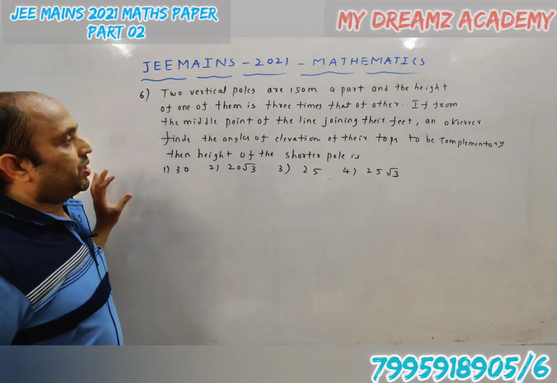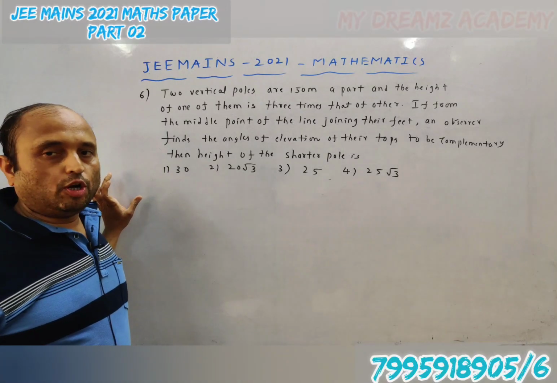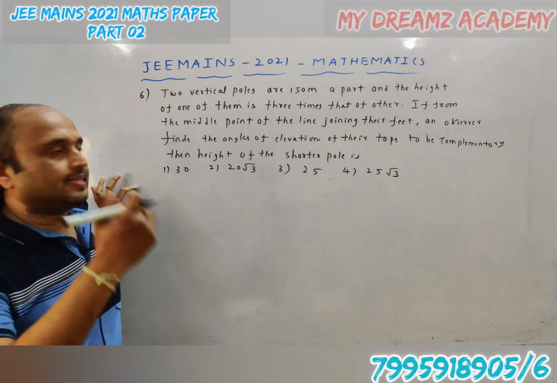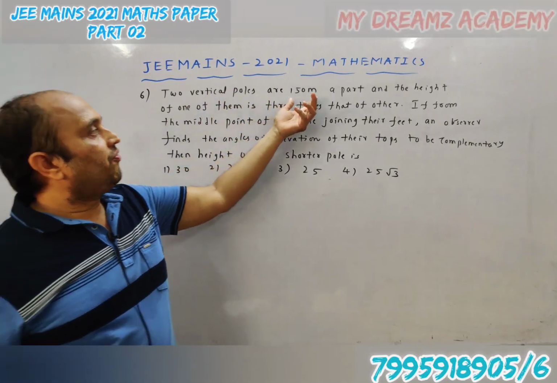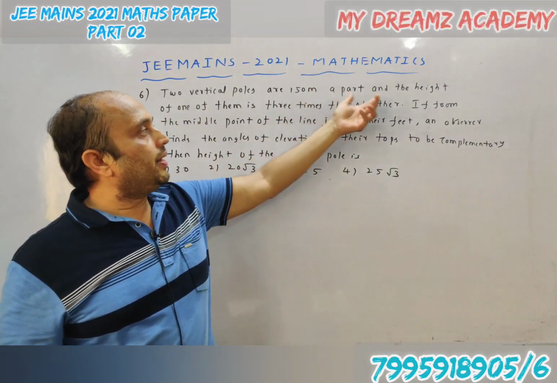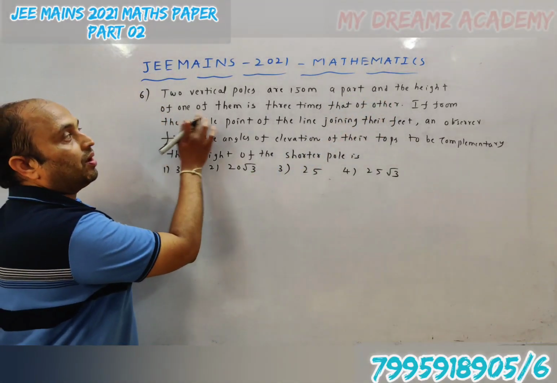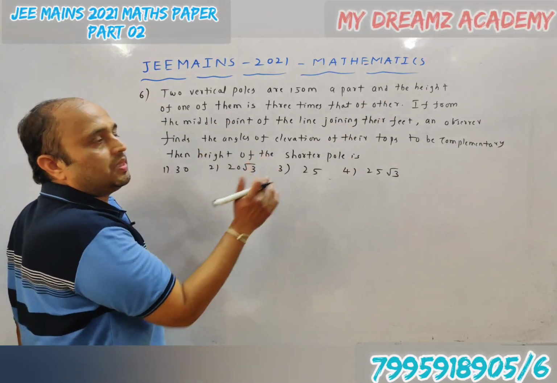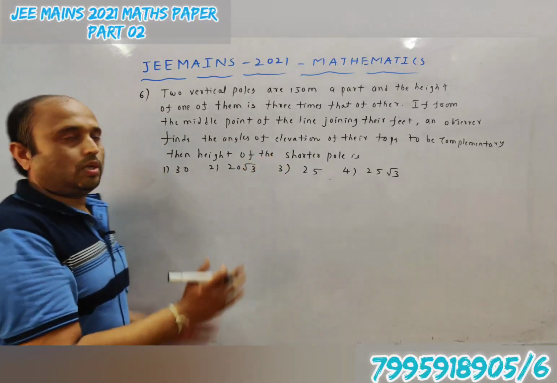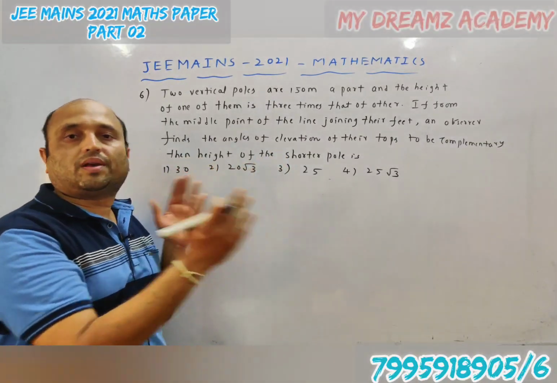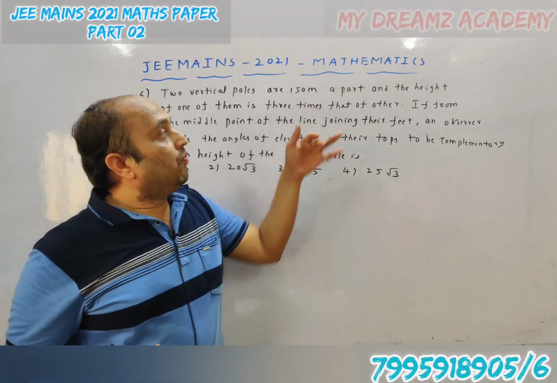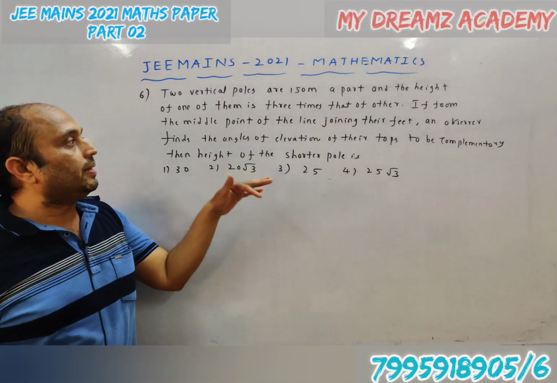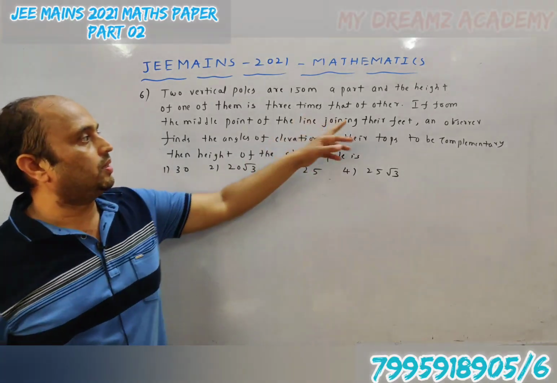So sixth question from applications of trigonometry. This is heights and distances. Two vertical poles are 150 meters apart and the height of one of them is 3 times that of another. The distance between the two poles is 150 meters, and one of the poles is 3 times the other.